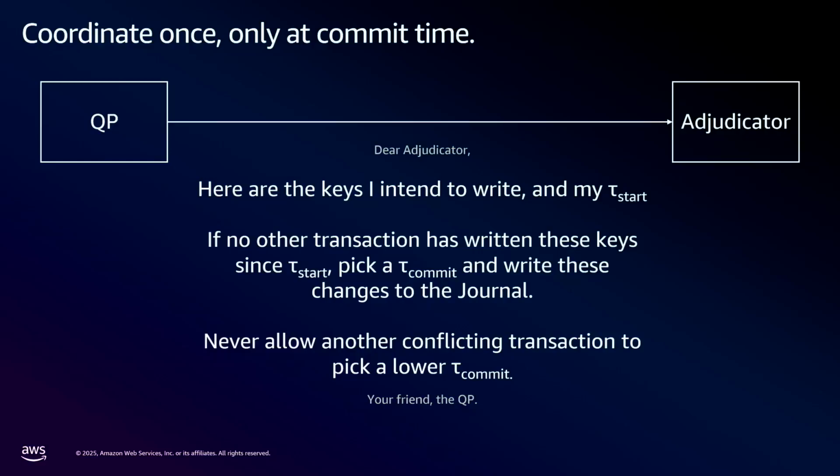If no other transaction has written these keys since T-start, then please pick a T-commit and make my transaction durable. And also, once you have made my transaction durable, please do not allow a lower T-commit for any other conflicting transaction. So this is just a simple mechanism which QP and adjudicator work with on a handover basis.